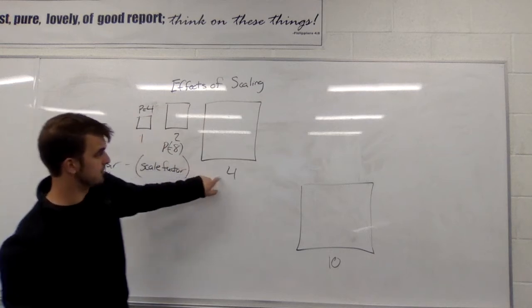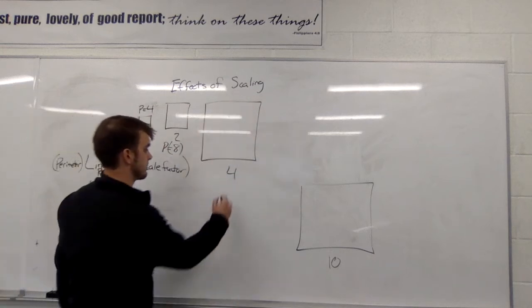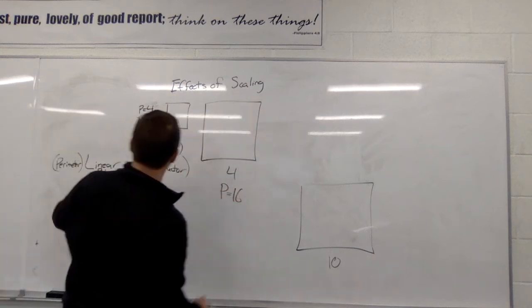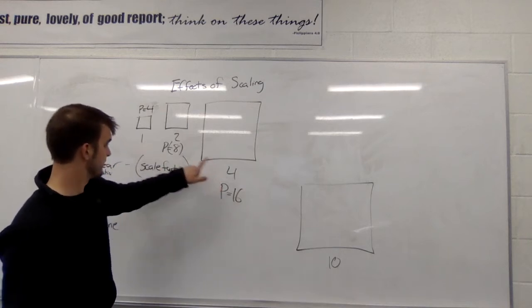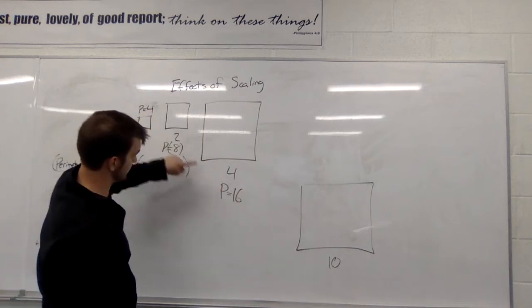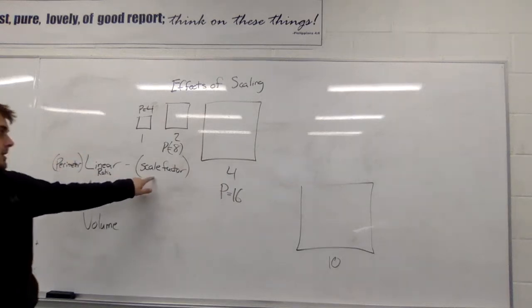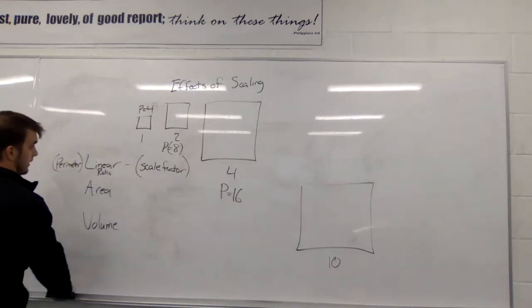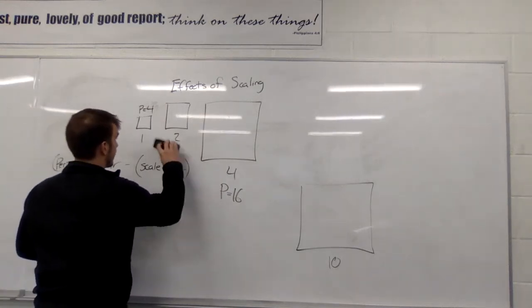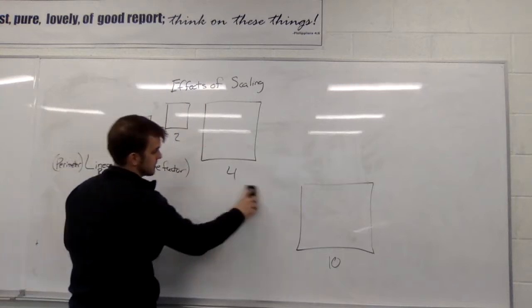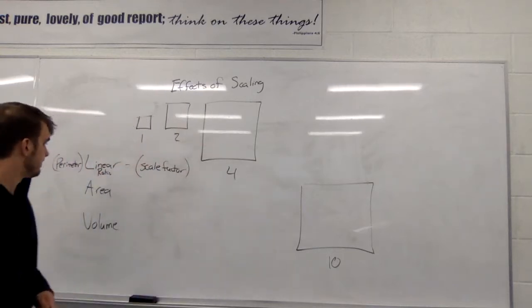So this is going to be 4, 8, 12, 16. The perimeter is equal to 16. 1 times 4 equals 4. Therefore, 4 times 4 is equal to 16. So it's just your perimeter increases by your scale factor. That's fairly quickly. So if you double it, that means your perimeter is going to double.